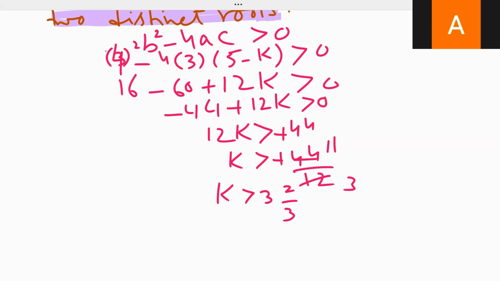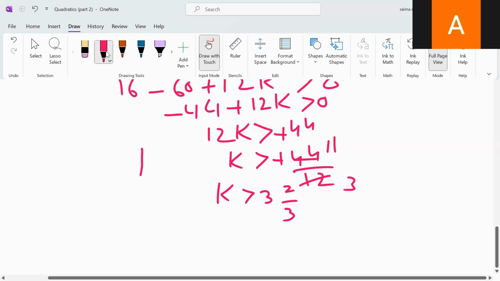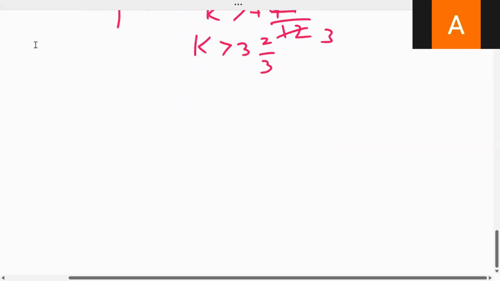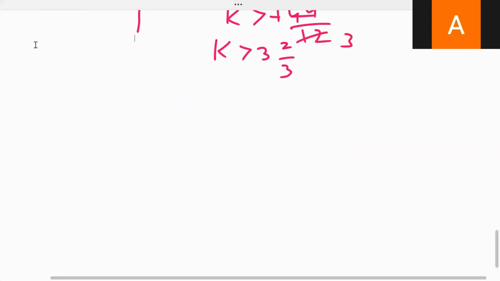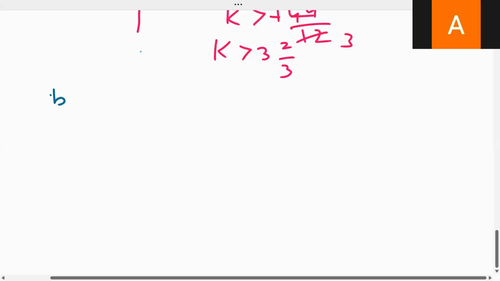For example, you have to solve a line and a curve. The number of points of intersection will depend on the value of b square minus 4ac. So b square minus 4ac can be greater than 0. If this value is greater than 0, then what about the nature of roots?